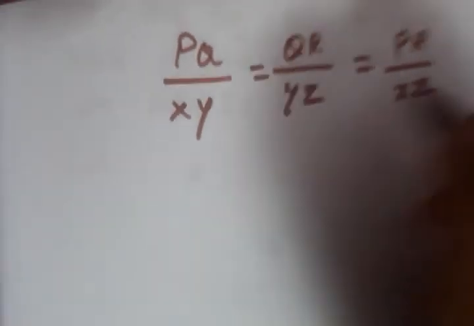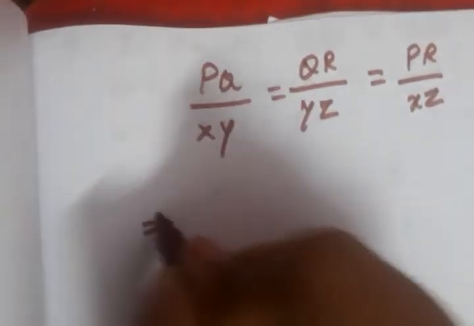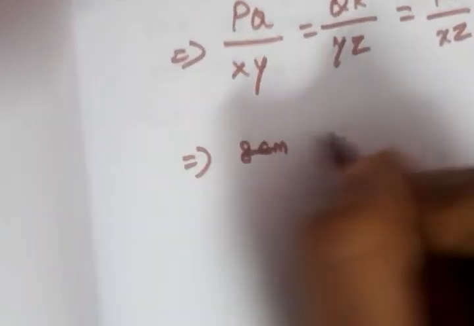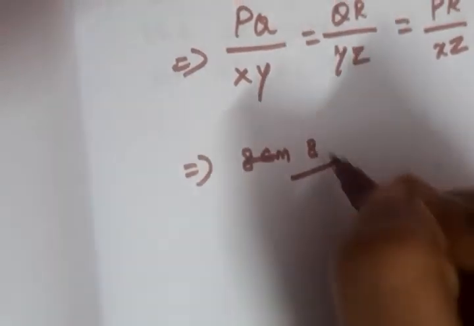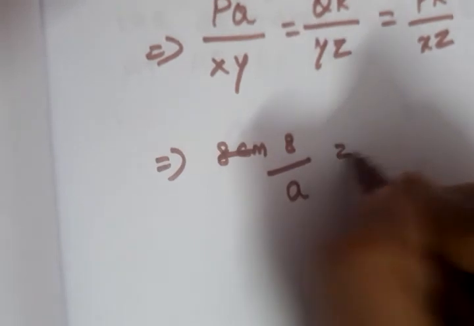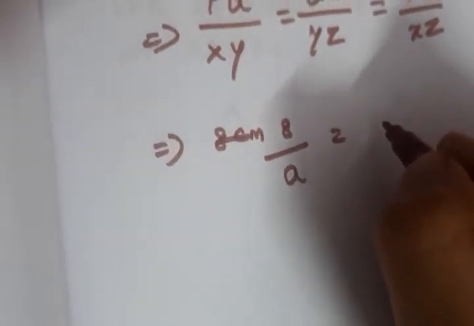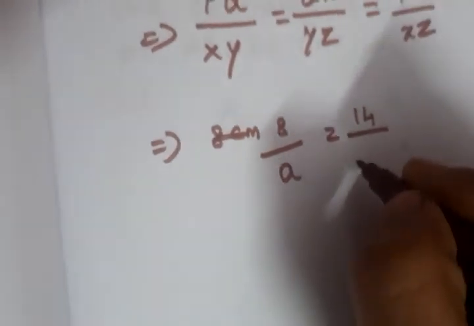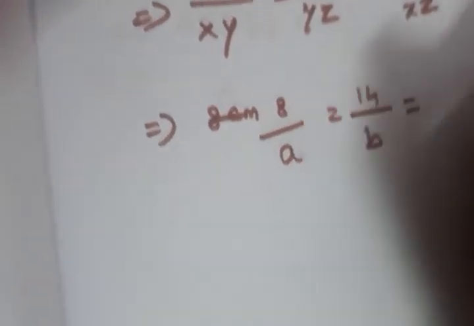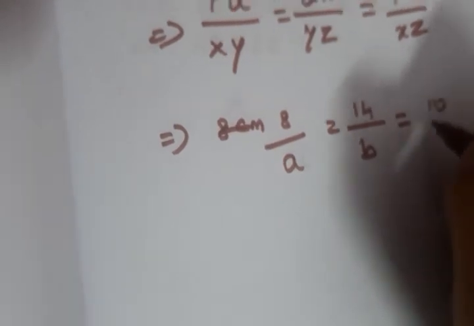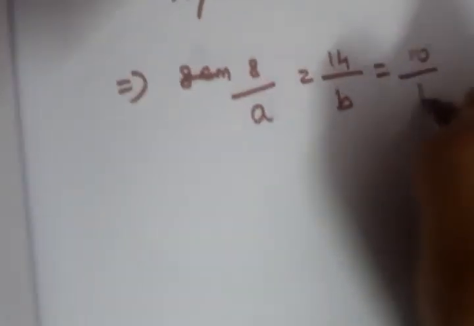Then next, PQ value is 8 cm, PQ value 8 by XY value, find the value of A. Then QR 14 by B equal to PR 10 by 16.